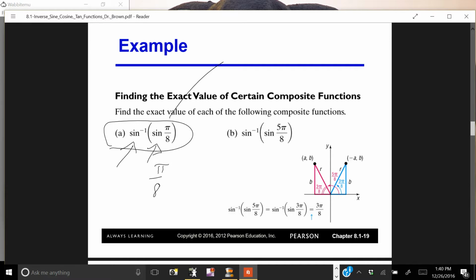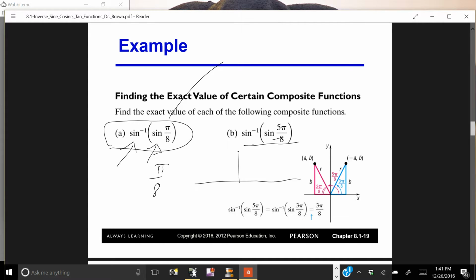Now notice, for inverse sine of sine of 5 pi over 8, 5 pi over 8 is out of the range of minus pi over 2 to plus pi over 2. So we're going to have to look at 5 pi over 8.